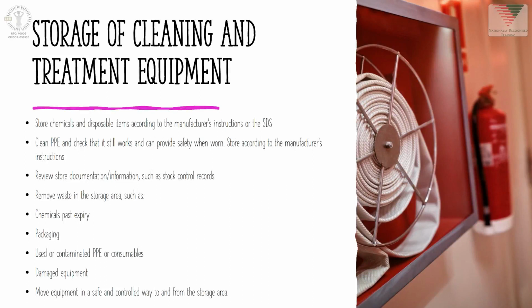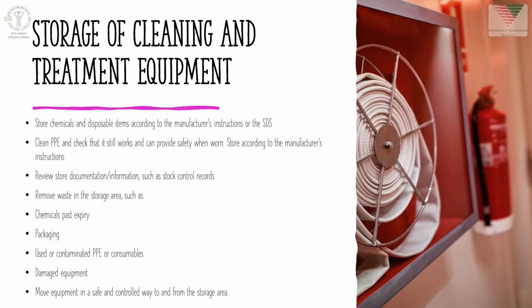Store chemicals and disposable items according to the manufacturer's instructions, or the SDS. Clean PPE and check that it still works and can provide safety when worn. Store according to the manufacturer's instructions. Review store documentation and information, such as stock control records.